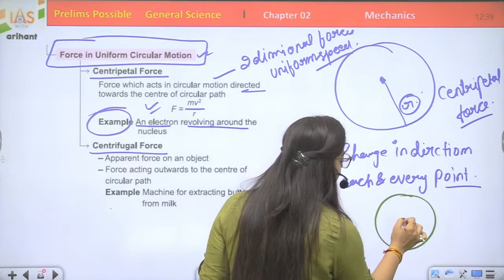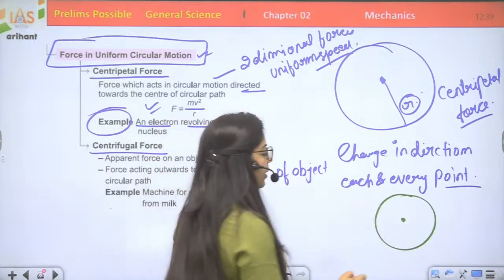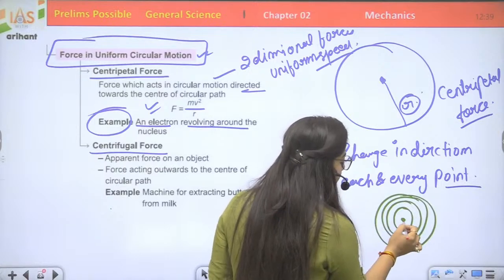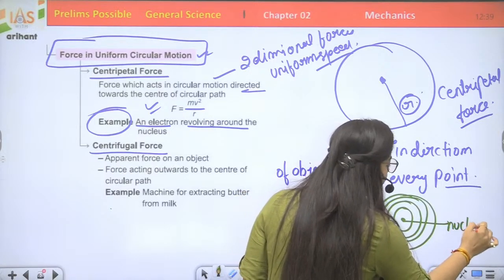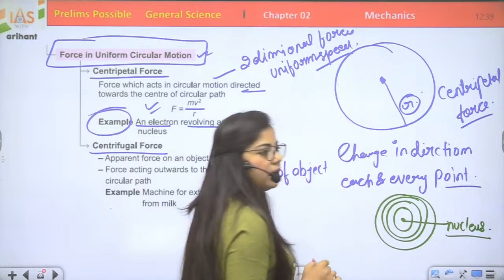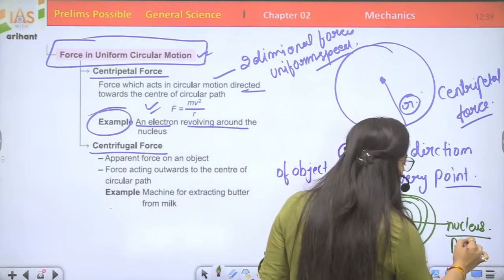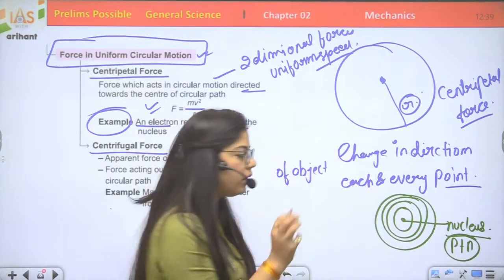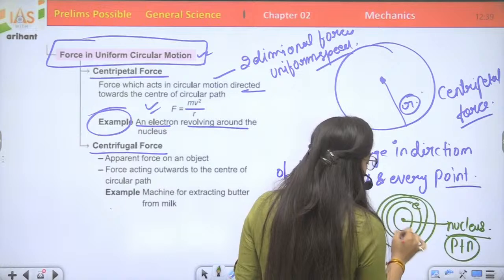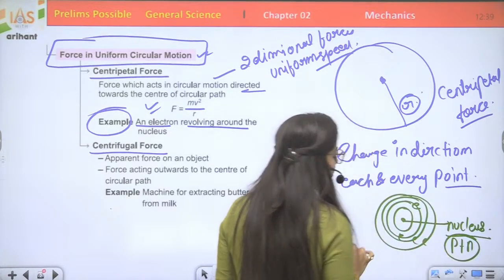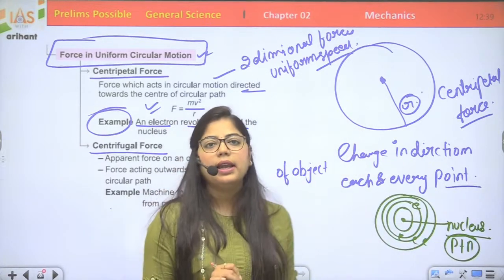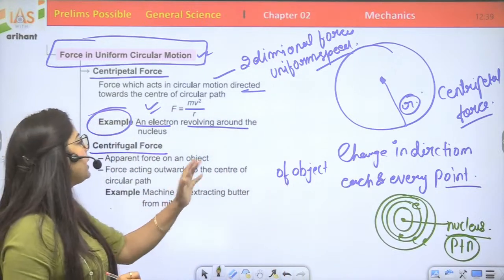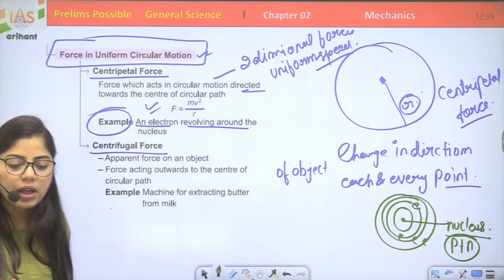This is the nucleus, where protons and neutrons are present, and electrons always lie in the outer shells of the atom and revolve around the nucleus, right? So this is an example of centripetal force.